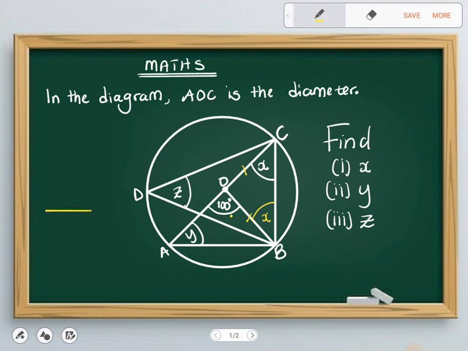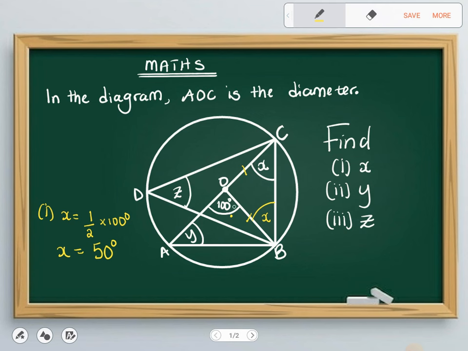So x, since this angle here is twice this angle, this angle is half that angle. It's half 100 degrees, which will give us 50 degrees as x. This is the first method.